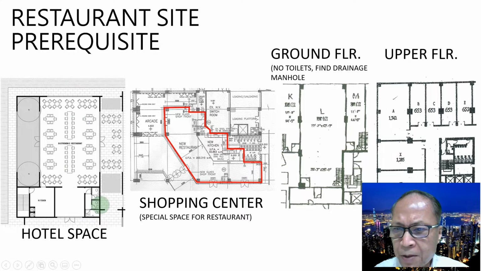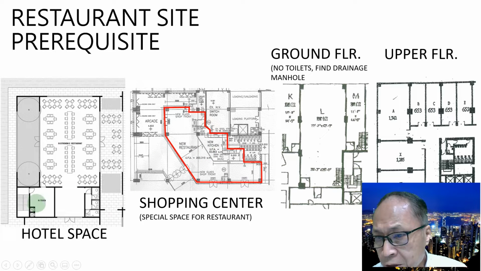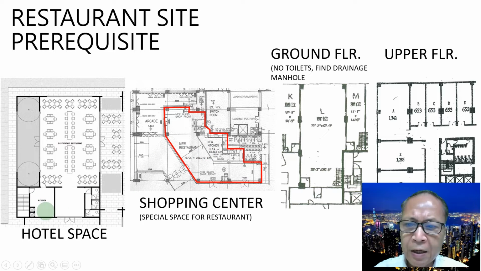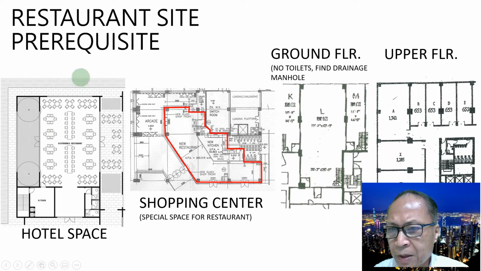Sanitary requirement. The kitchen, you see, the architect already made the layout, so it's maybe simpler to design a restaurant inside a hotel, because the architect has considered all the prerequisites for a restaurant.